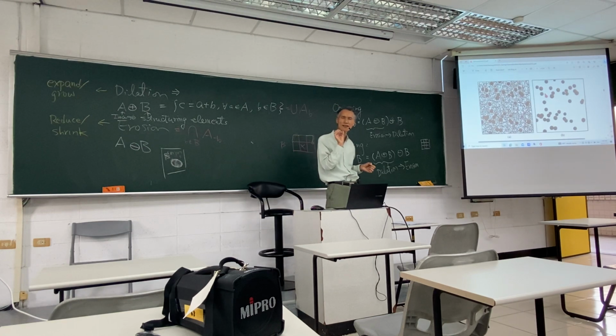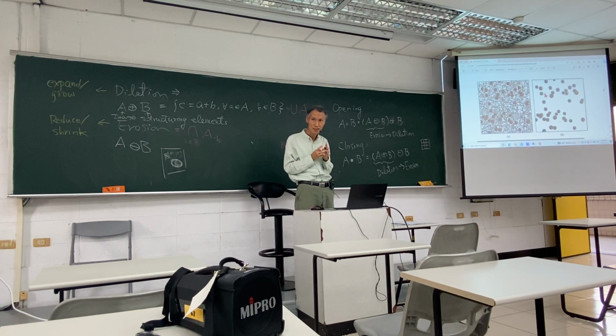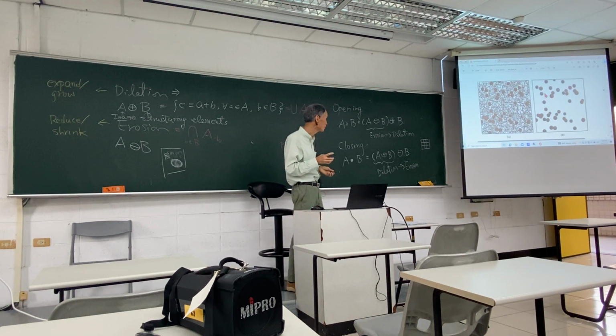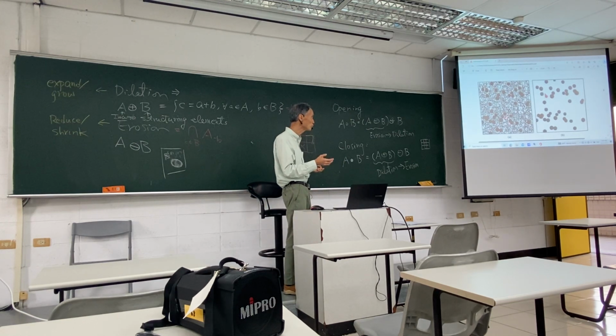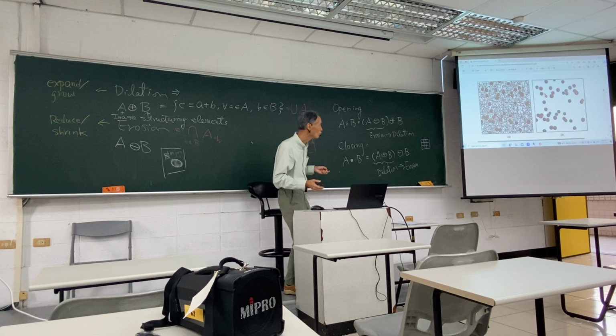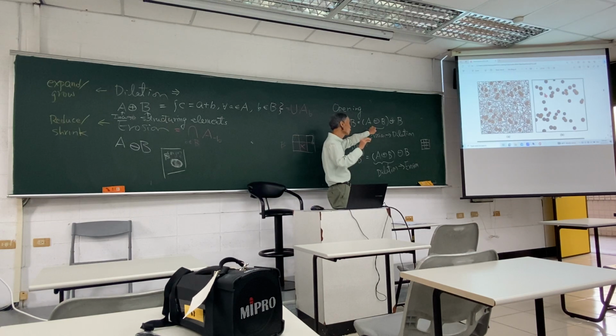So that's one of the problems when you apply morphology. You need some prior knowledge. You need to know something about the object that you are going to use. If you have no idea at all, then you cannot reach your goal of removing the line here. If you have a structural element smaller than the radius of the circular object, then it's quite easy to remove the random segment.